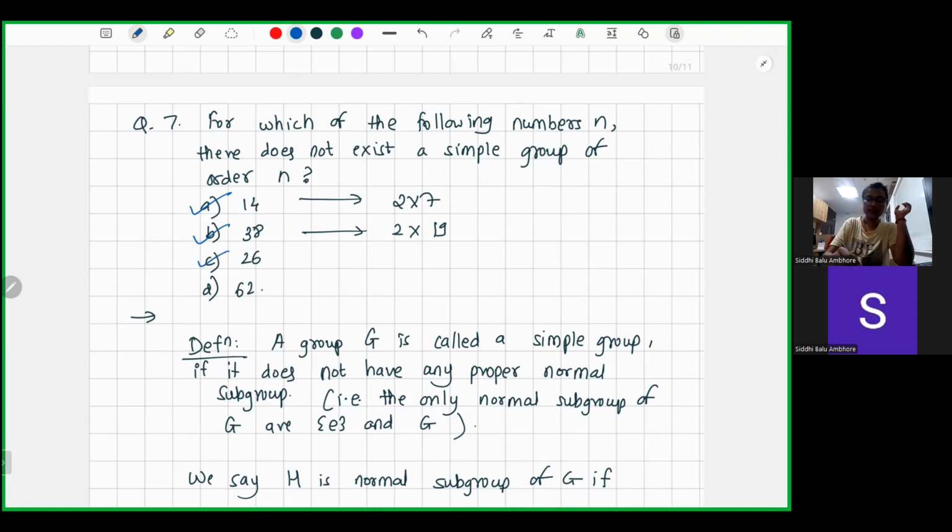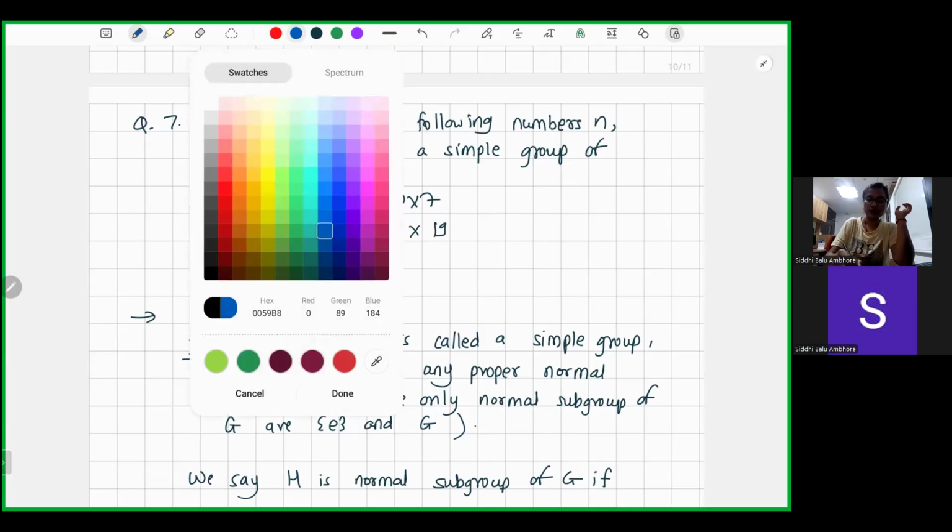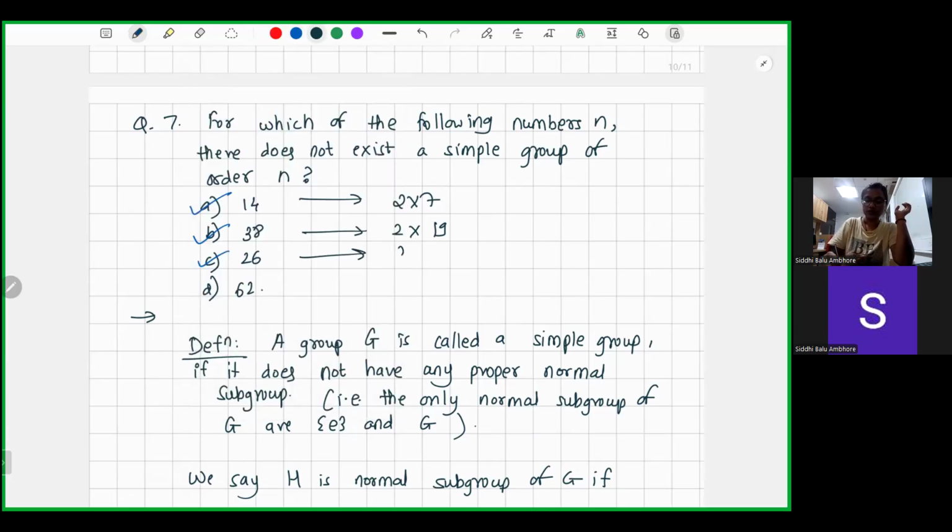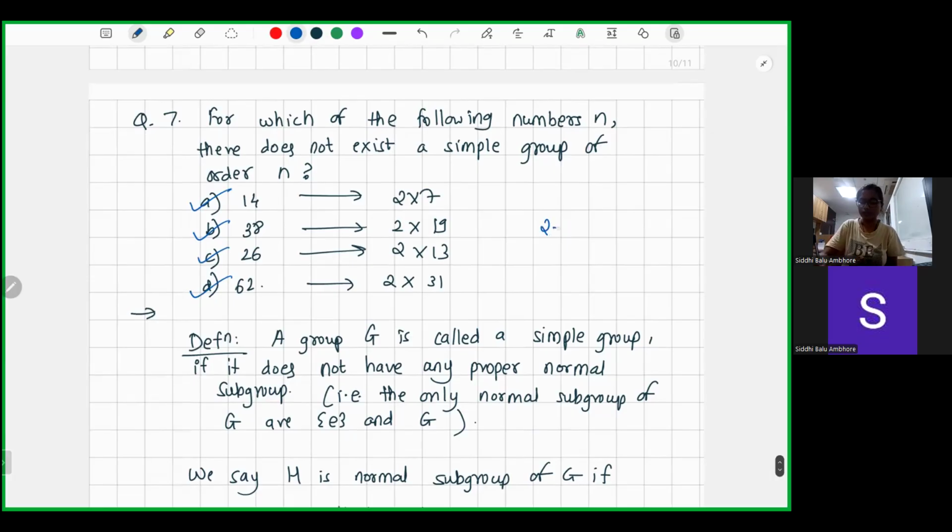Similarly, 26 is 13 into 2, and here it is 2 into 31. So these are all groups of order 2 into p kind of structure, with p greater than 2, and they all contain a normal subgroup of order p. So here everything is 2 into q, and we have a normal group of order q.